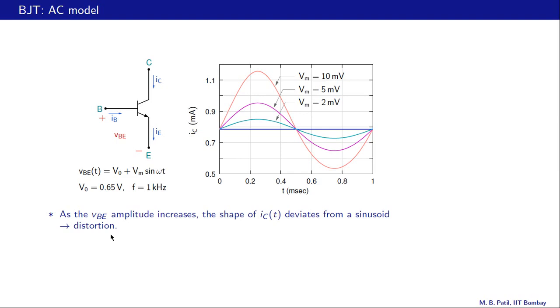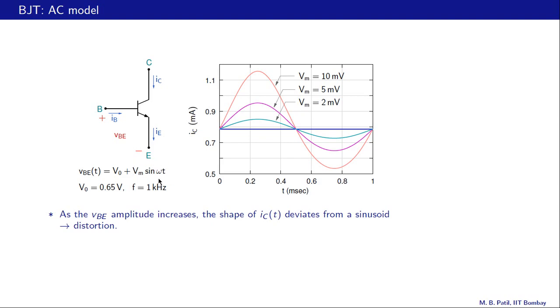Now suppose we were to write an equation for this IC of t, only the time varying part of this IC of t. What would that look like? It would be sinusoidal, and its amplitude would be that height over there. So it would be some IC cap sine omega t, and that's exactly the same form as the time varying part of the base emitter voltage.